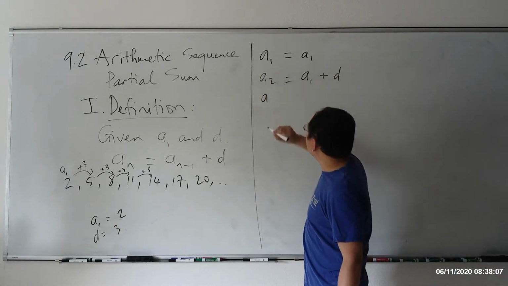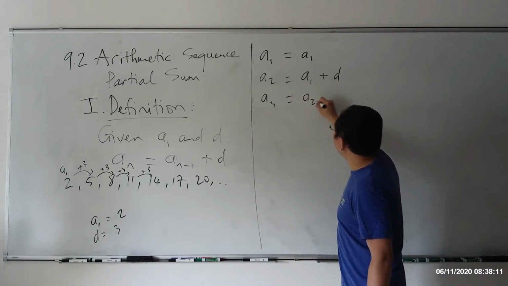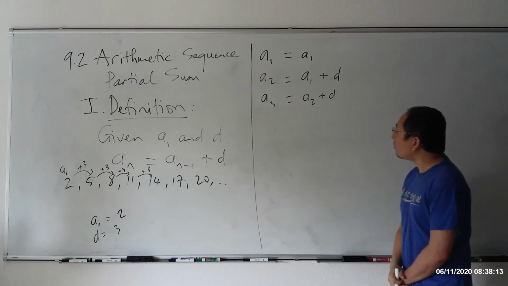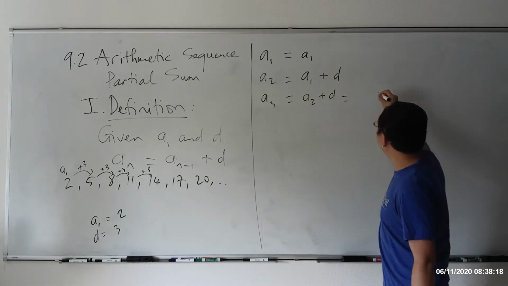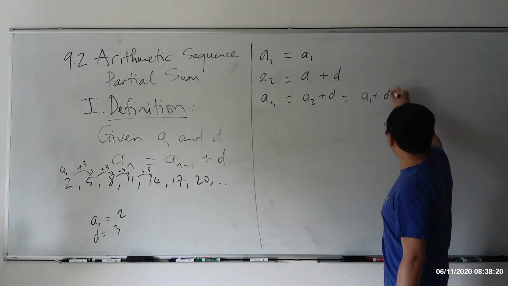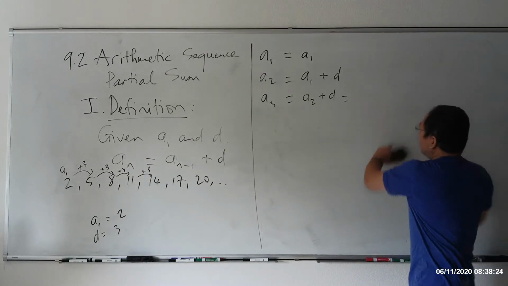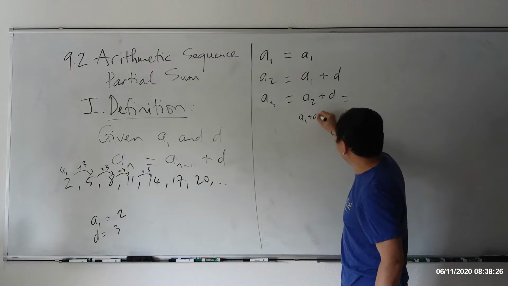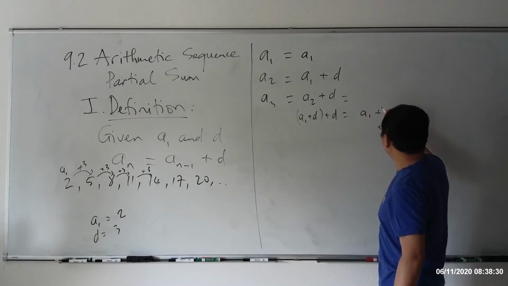Similarly, you have the second term already, so you can calculate the third term as A2 plus D. But we know A2. A2 is what? A1 plus D. I think I should write it down here, it's easier for you to see. A2 is A1 plus D, and then plus another D. This is A1 plus 2D.